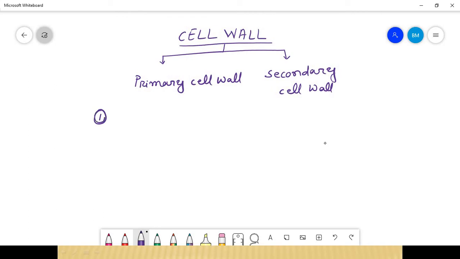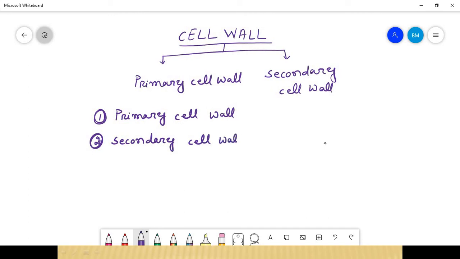So we can say, the first one is the primary cell wall. All are derived from the primary cell wall or secondary cell wall, but the plasma membrane is different. It is also present like in the animal cell. Then the secondary cell wall. And the third one is the plasma membrane, which is present inside.